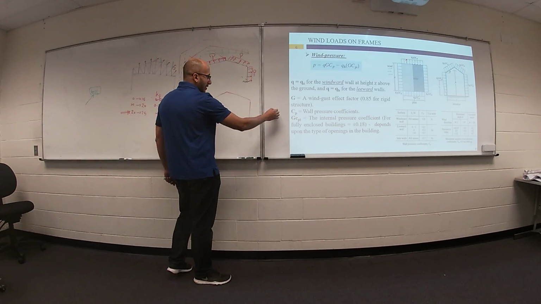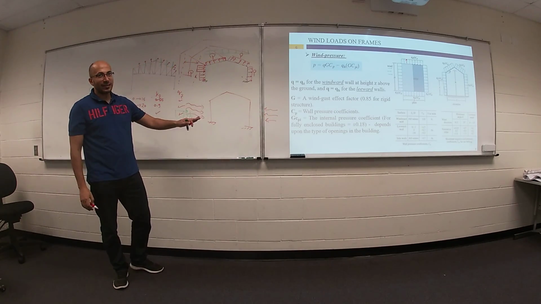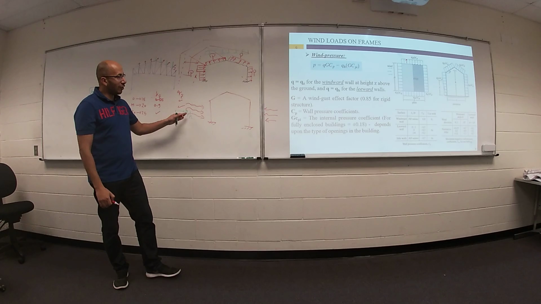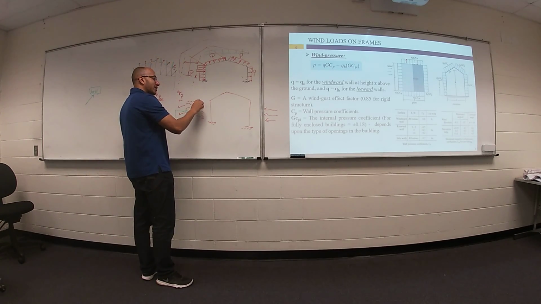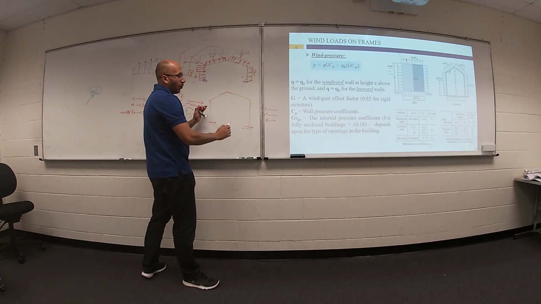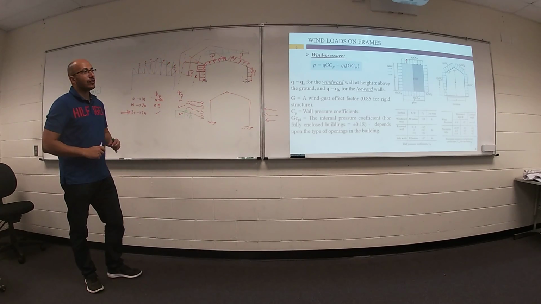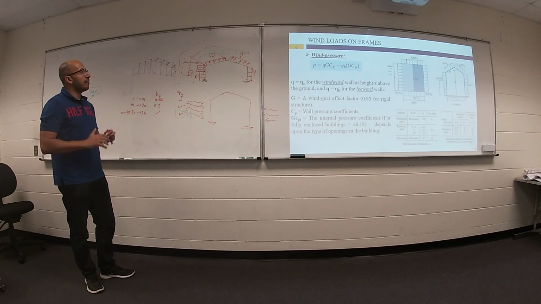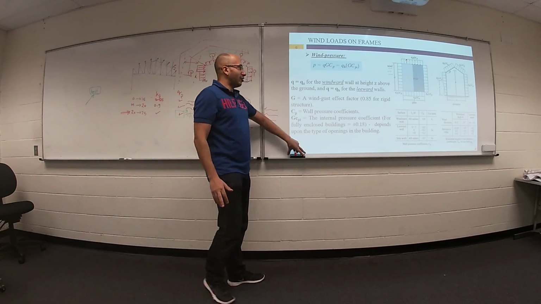Sometimes your wind load is coming from this direction. I have to cover both of them. I need to solve my problem 2 times. The first one, if your wind is coming from this direction, what will happen? What will happen if your wind load is coming from the other direction? I need to solve every possible situation on your building.